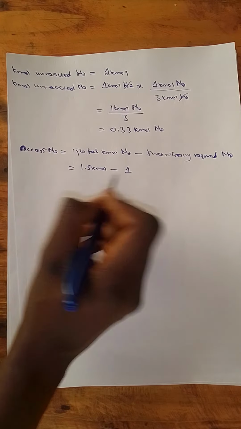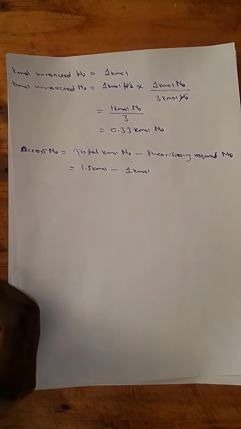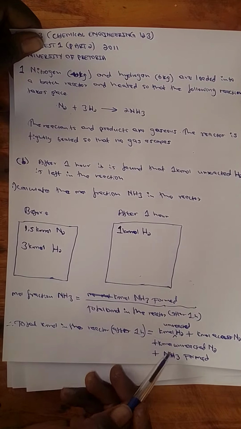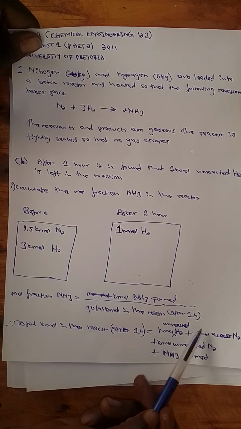So we have 1.5 minus 1, which gives us 0.5 kilomole. Now we have managed to sort out the unreacted H2, which we know, and also the excess N2, which we calculated earlier.